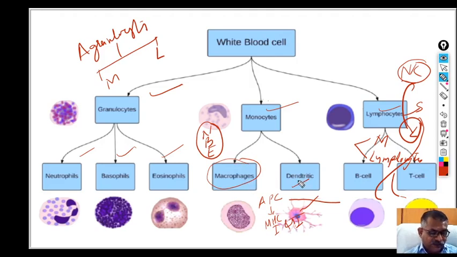This process by which it moves from the blood vessel to the outside is called diapedesis. So these lymphocytes, again, are of two types. Some get converted into natural killer cells and others into B cells and T cells. So these are large lymphocytes, these are small lymphocytes.